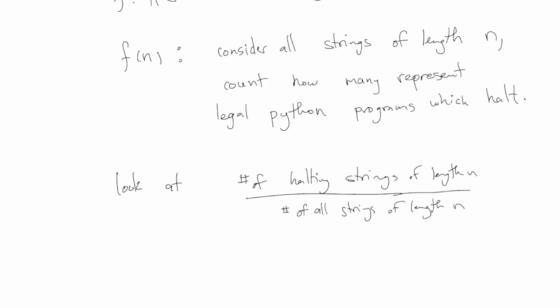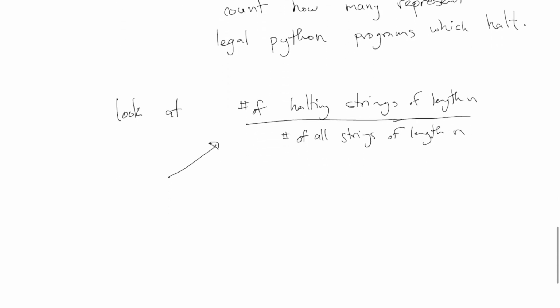And this is called the halting probability. That is the probability that a randomly generated string will actually halt. All right? What I'm talking about right now is that this is called the halting probability for length n.